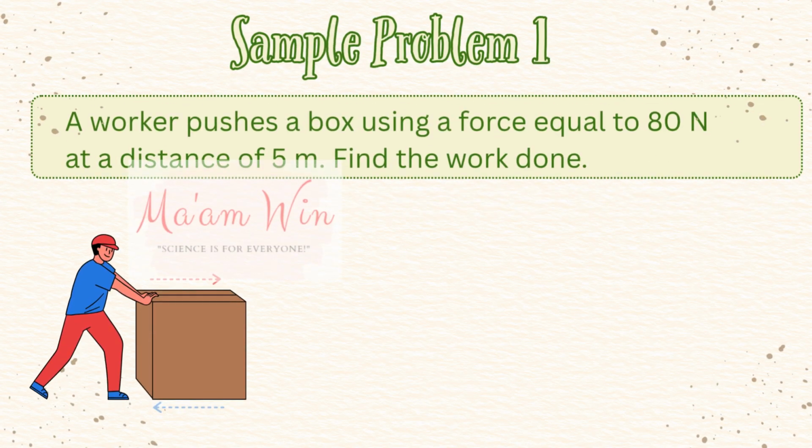Let's solve our first numerical example together. A worker pushes a box with a force of 80 newtons, causing it to move 5 meters in the same direction as the applied force. Our goal is to calculate the work done.